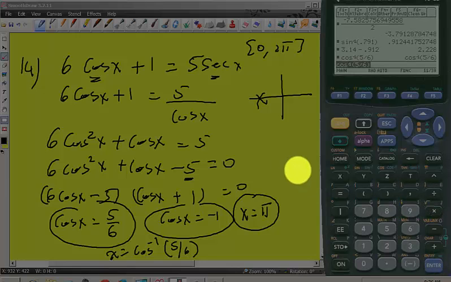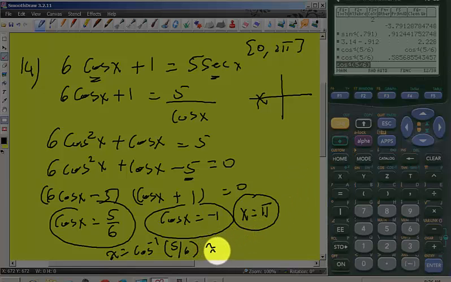Hit enter. I hate that. Okay. So this turns out to be 0.586. Did you get that? Anybody else? You got that?